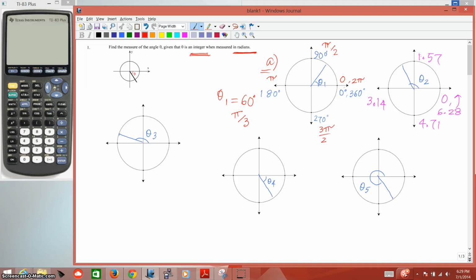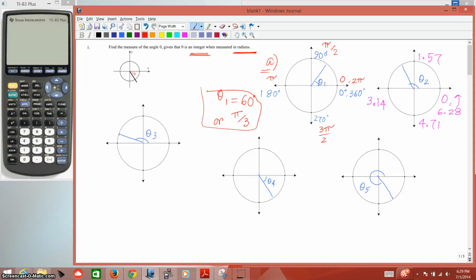Sometimes the incorrect answers I get for this type of question are like theta 1 equals 60 degrees or pi by 3. That type of answer is very common for this particular theta 1 angle, but this is not going to be the correct answer.